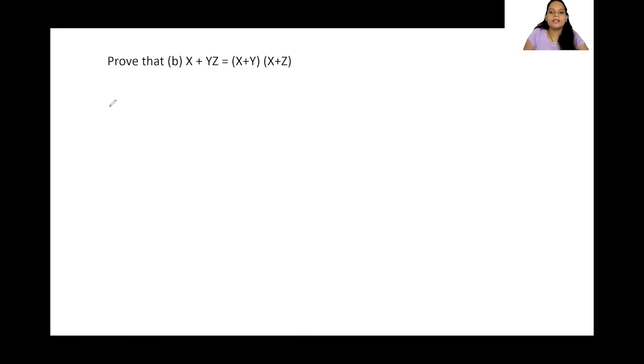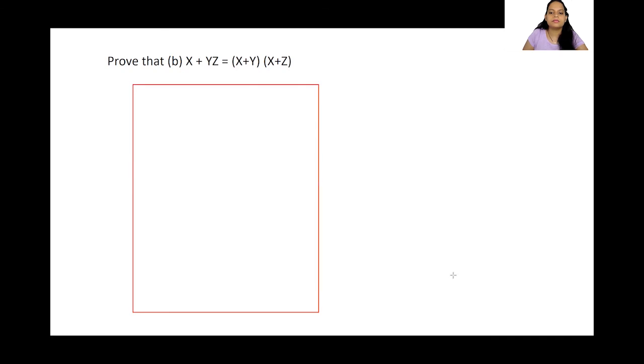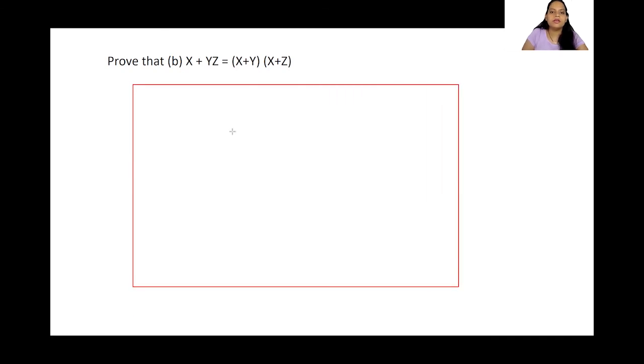Let's try writing a truth table for this. Now what all do we need? We need x, we need y, and we need z initially. So how many combinations do we need?